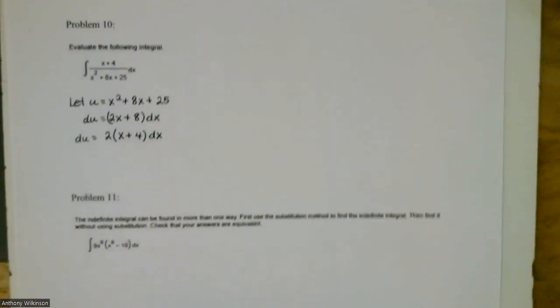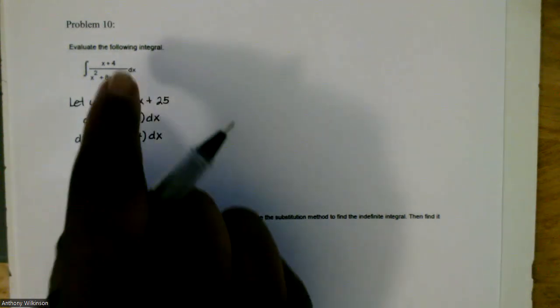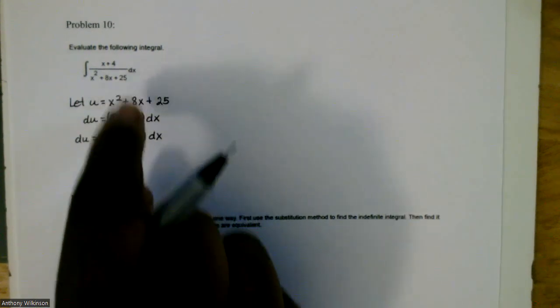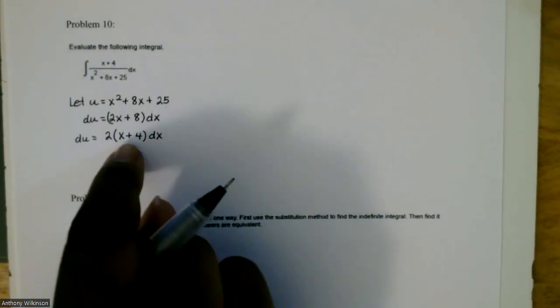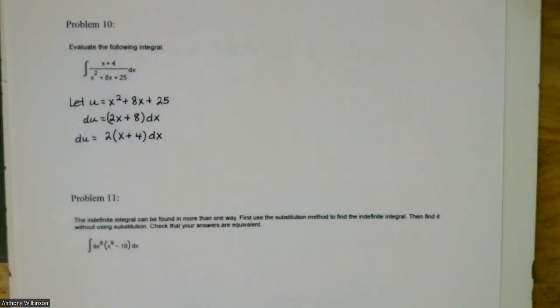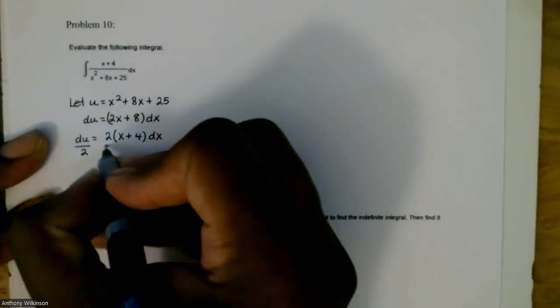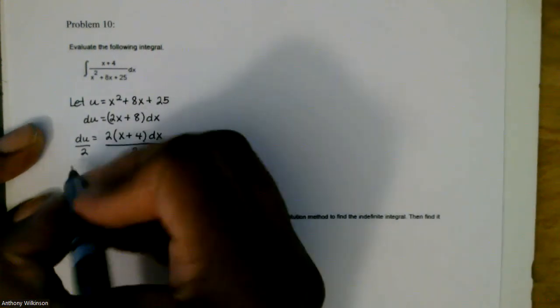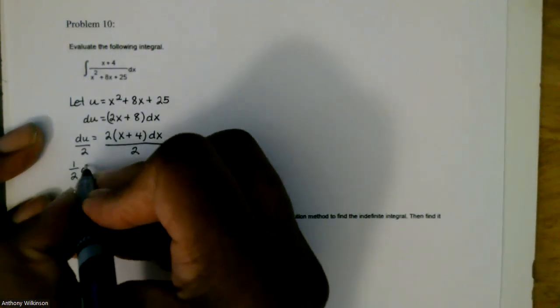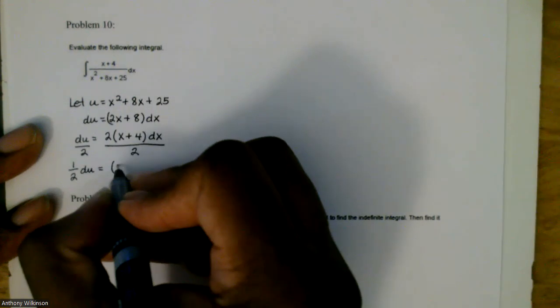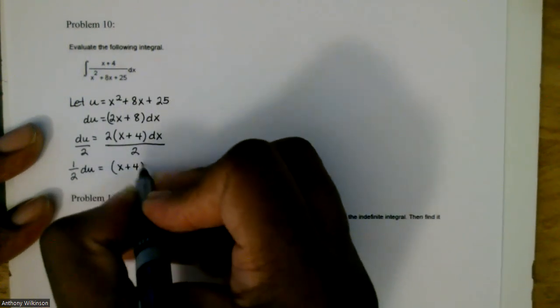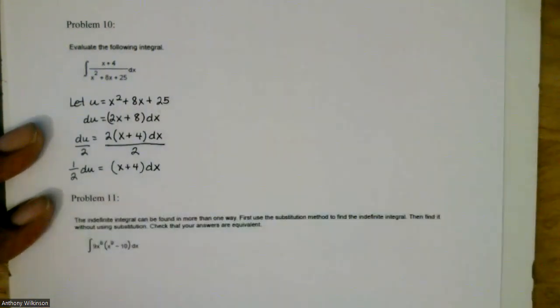So I have 2 times the quantity x plus 4 dx for my du. Now you see I have x plus 4 dx. I can get x plus 4 dx by itself by dividing both sides by 2. So that means I have 1/2 du is equal to the quantity x plus 4 dx.